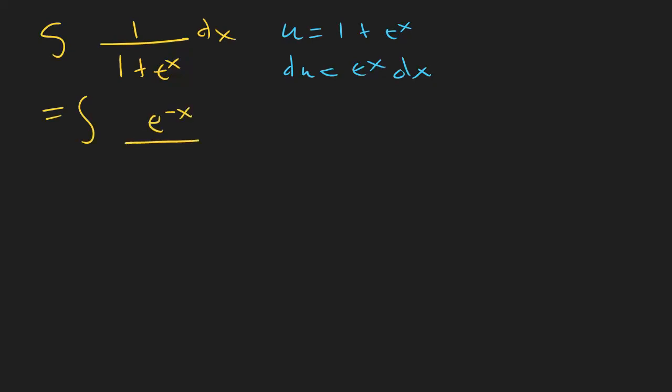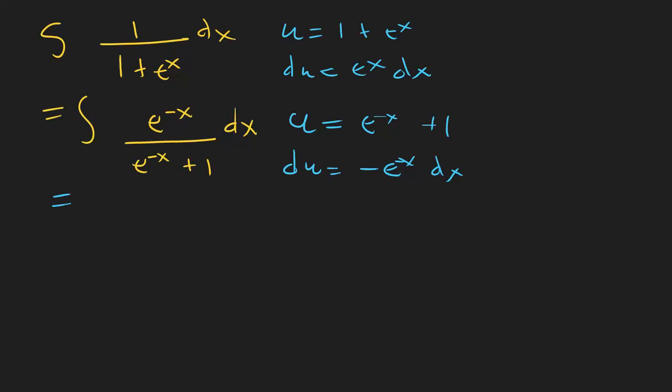So this tells us that u equals e to the negative x plus 1, and du is equal to negative e to the negative x dx, which means we have the integral of minus 1 over u du.